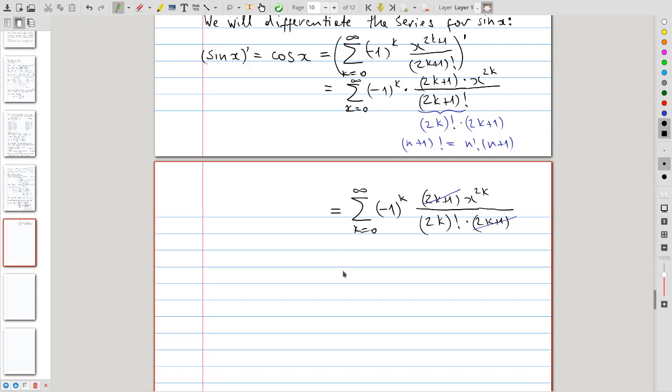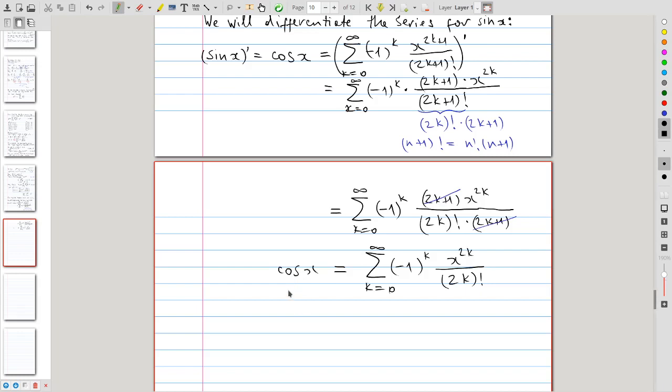And the final expression that we obtain is the sum k from 0 to infinity, -1 to the k, x to the 2k divided by 2k factorial. And this is the representation that we obtain for cosine x.